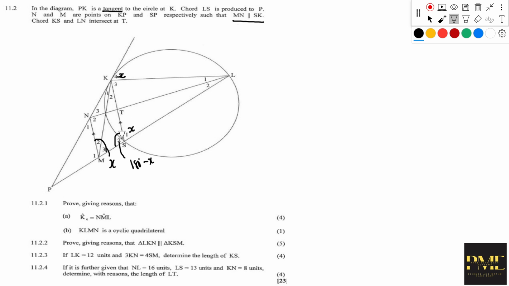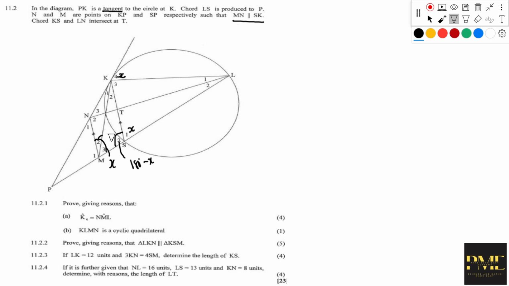Because the sum of the angles on a straight line add up to 180. So with x here, the other angle must be 180 taking away this x; when we add them together they make 180, leaving 180 minus x. That's the first reason. The second reason is that co-interior angles between parallel lines are supplementary, they add up to 180. So hence this angle is 180 minus x.